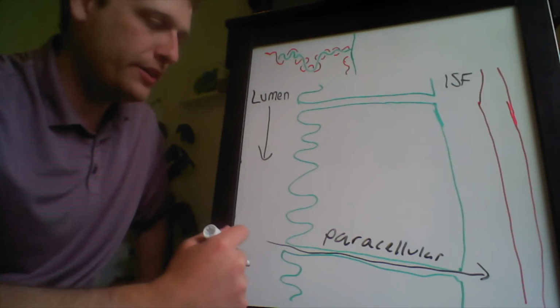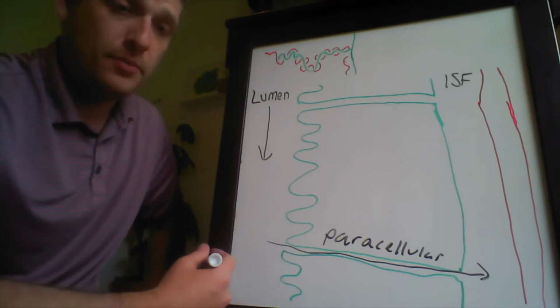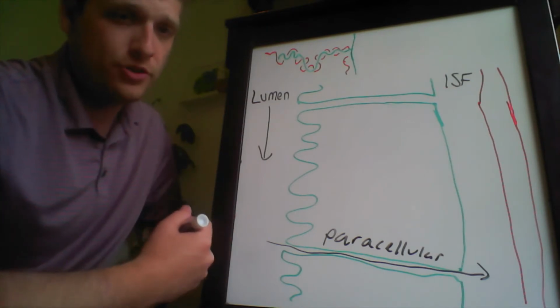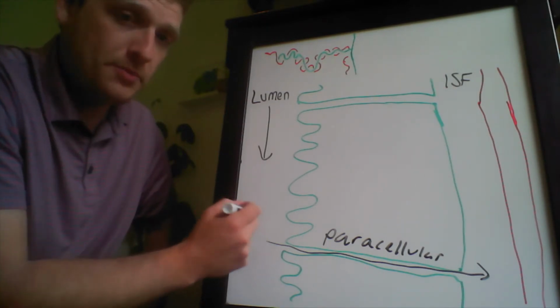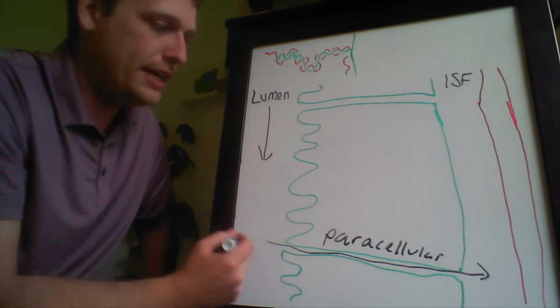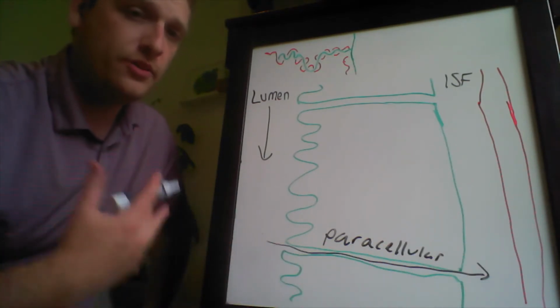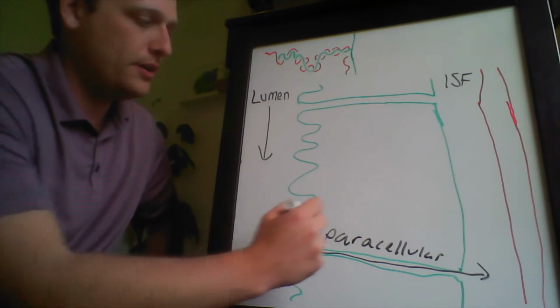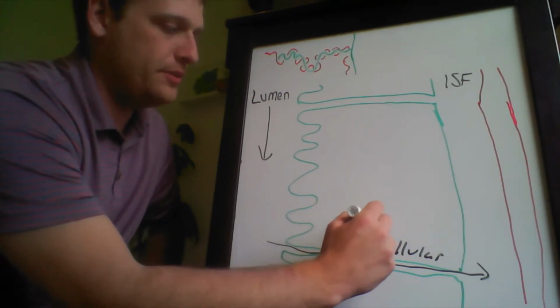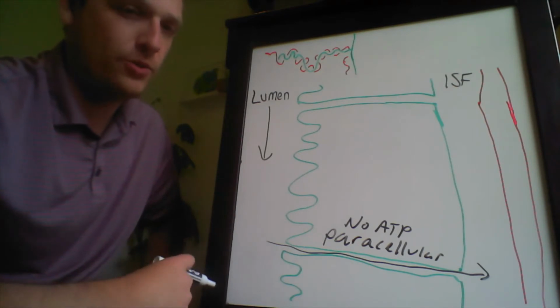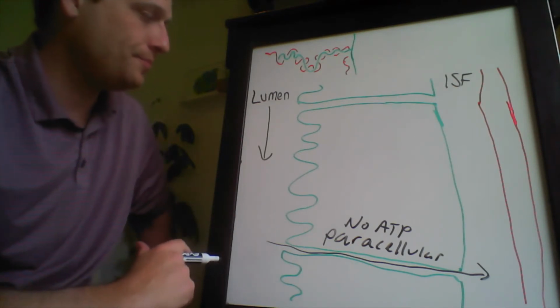And paracellular transport is going to move substances along their concentration gradient. So if there's a lot of a substance here in the filtrate, it can diffuse passively. So that means that there's no use of ATP for the paracellular route. So this is a passive process that requires no energy.